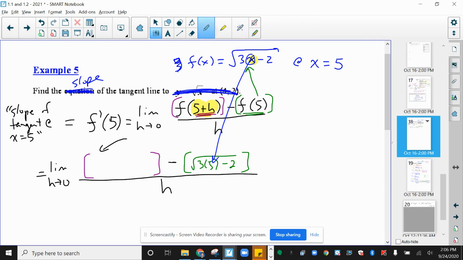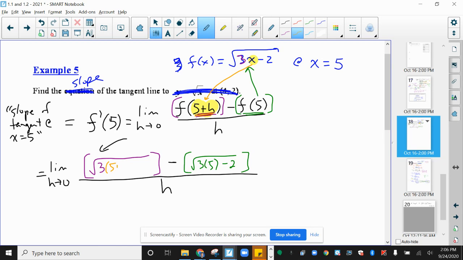You've got a square root and a 3. Now you are going to remove the x, get it out of there, and replace it with 5 plus h. And then don't stop. There's still a minus 2 here. So you still have the minus 2. There you go.